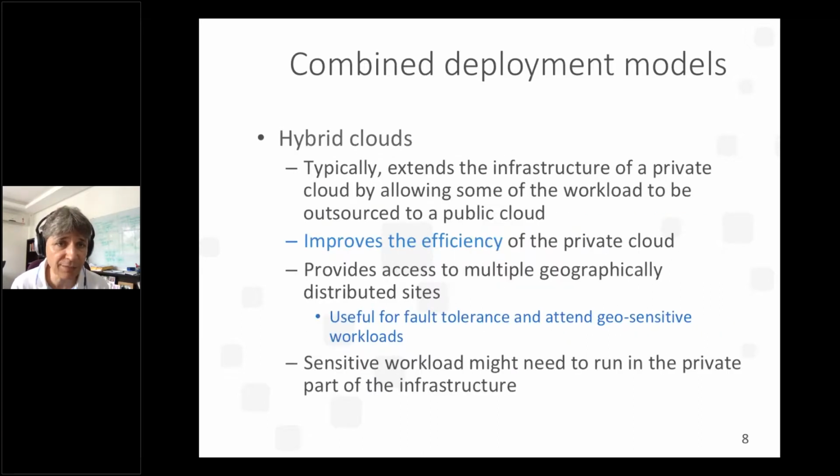Another way to combine clouds is to have your private cloud in your institution extended with the possibility of creating resources in a public cloud. This is called a hybrid cloud, and this feature is typically called cloud bursting. When your capacity reaches its maximum, and you don't have any more resources to attend the local demand, you can reach for the public cloud to attend that excess demand.